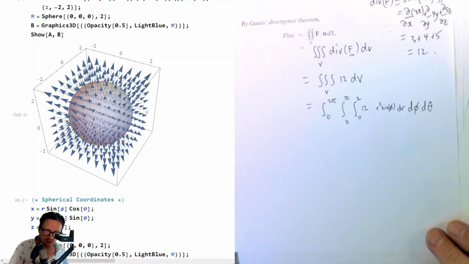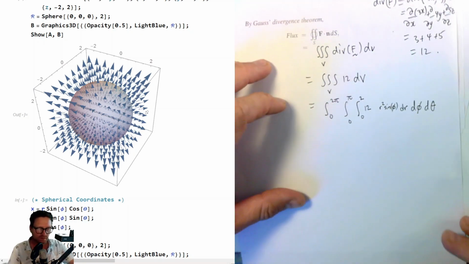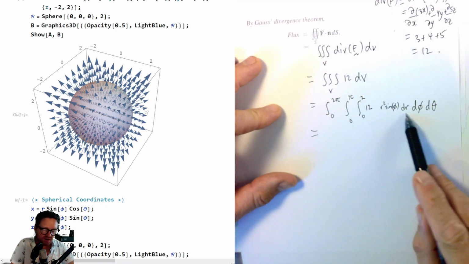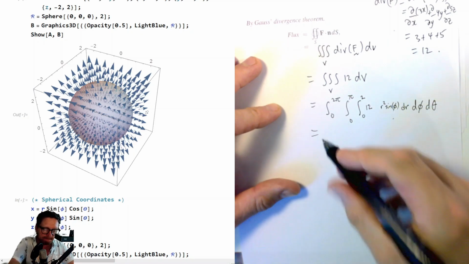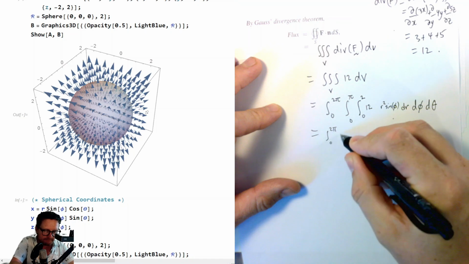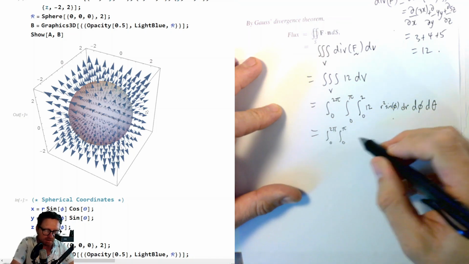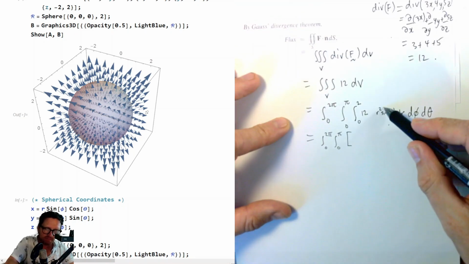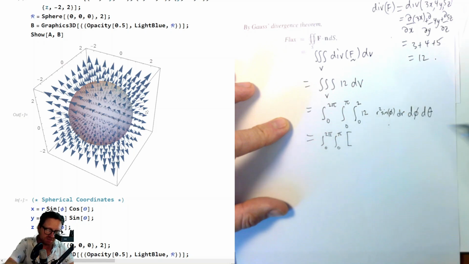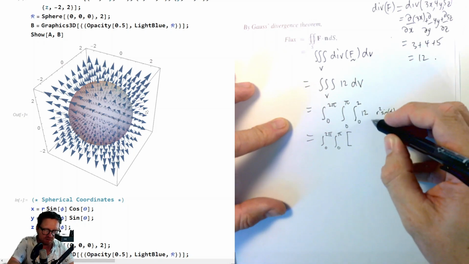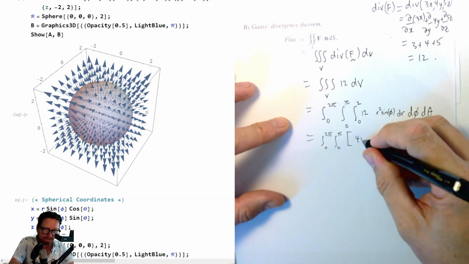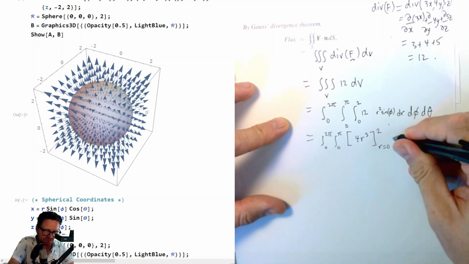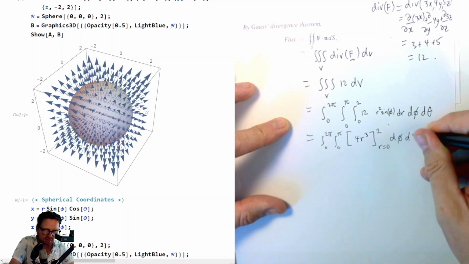Okay, fantastic. So now, to finish this off, we've just got to perform the integral. So integrating this partially with respect to r, we raise that by 1, so r cubed, divide by the new exponent, so 12 over 3 is 4 r cubed, as r goes from 0 to 2, and then we have d phi d theta.